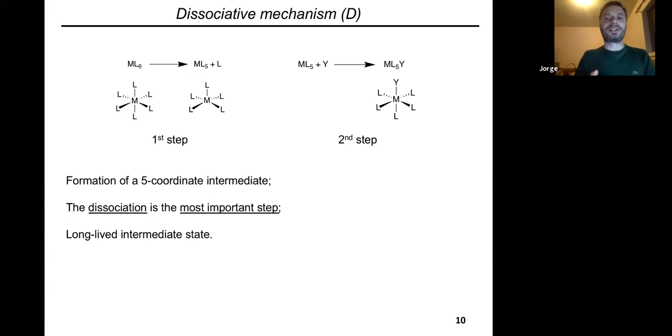The characteristics of this mechanism: first, formation of a 5-coordinate intermediate, and the first step, the dissociation step, is the most important. And third, there is the formation of a long-lived intermediate state.